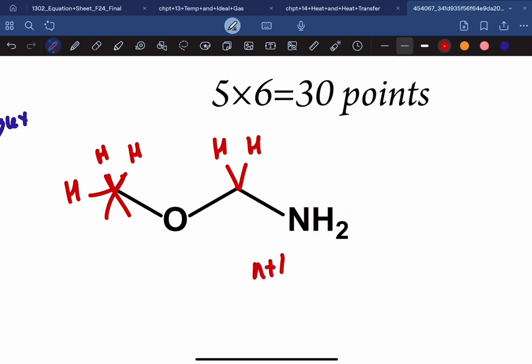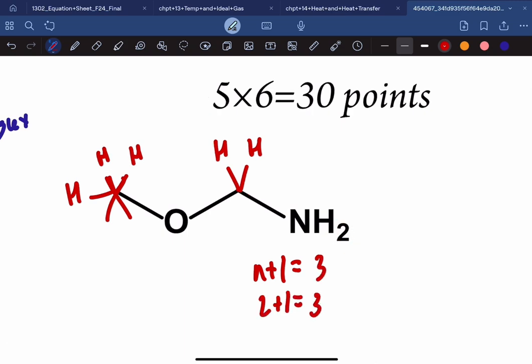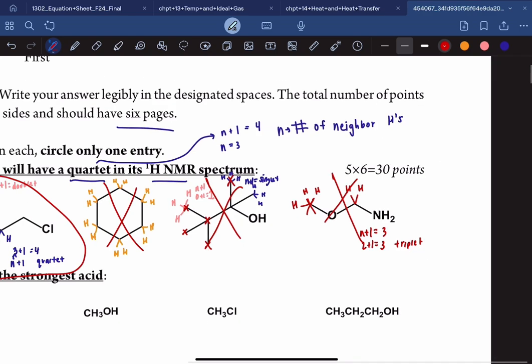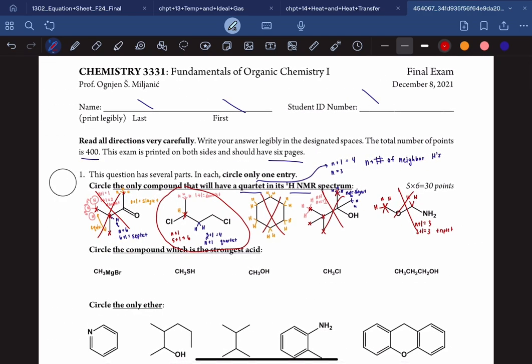It would be n plus 1 equals 3, because there's 2 H's here. So 2 plus 1 equals 3, which is a triplet. So this is also wrong. Hopefully that made sense. But yeah, this is our answer here. We're looking for the quartet.